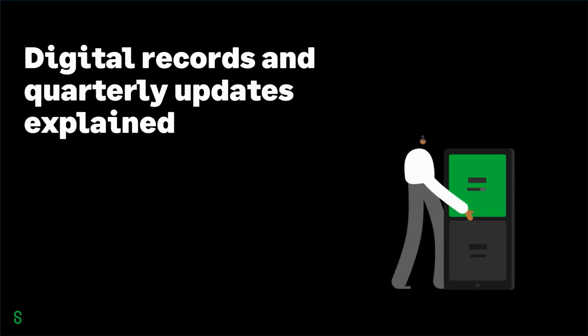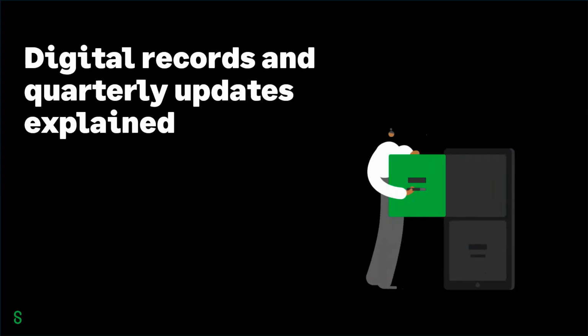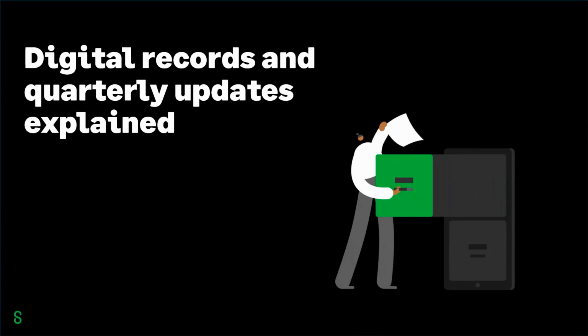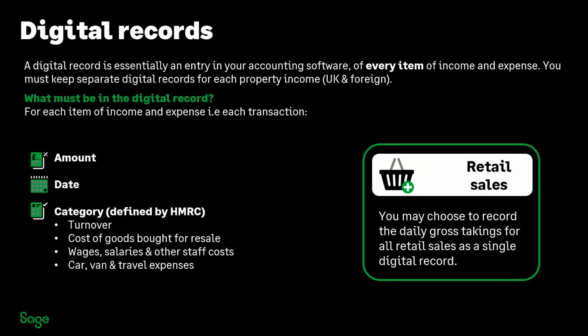Okay, so let's move on to digital records and quarterly updates explained. When it comes to processing in the software, you must enter all your income and expenses. And if you are a sole trader and a landlord, you must keep property digital records separate from your business digital records.